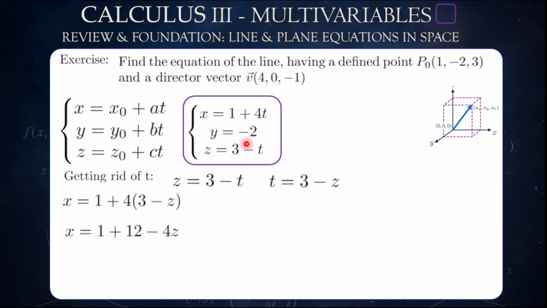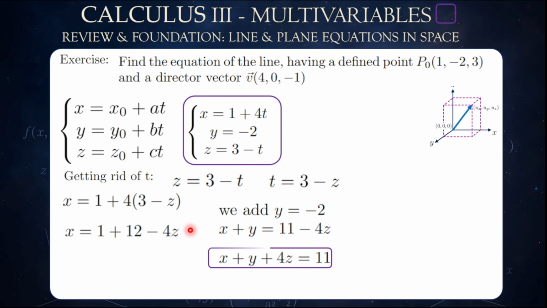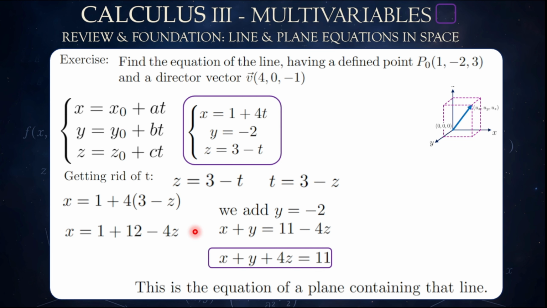So you get x is equal to 1 plus 4 times (3 minus z). So x is equal to 1 plus 12 minus 4z. And you place underneath it y equals minus 2, and you add up left and right both sides of the equations. So x plus y is equal to minus 2 plus 1 plus 12 minus 4z. Then you get the equation of a plane containing that line.